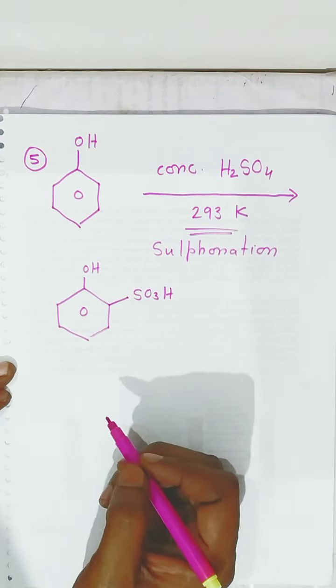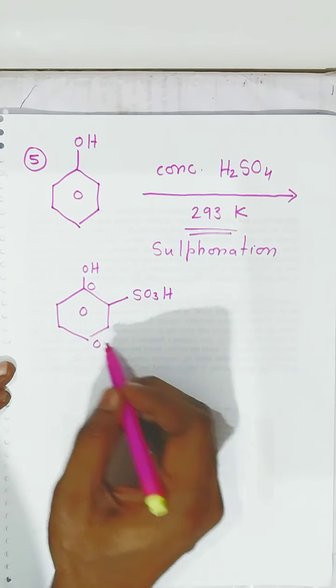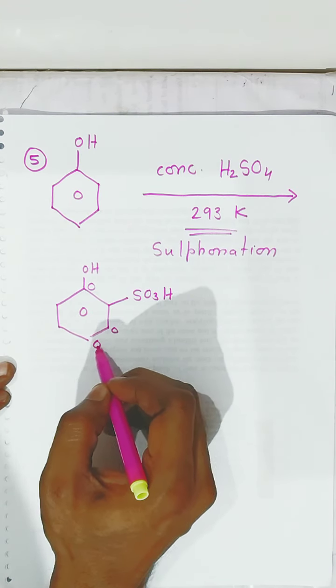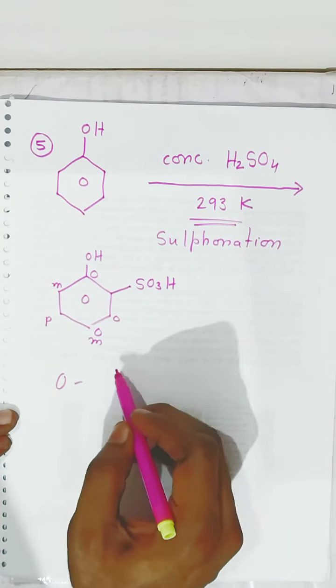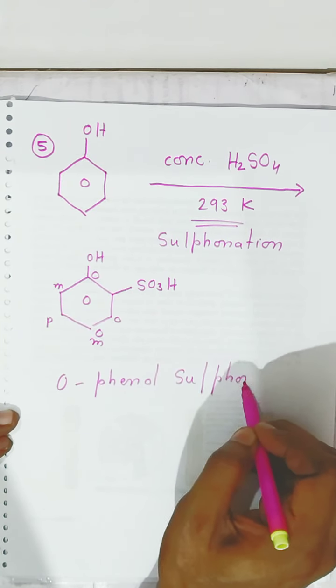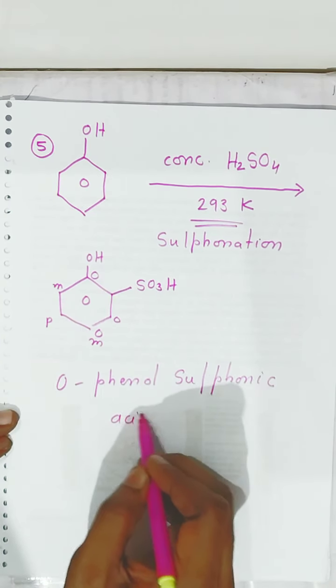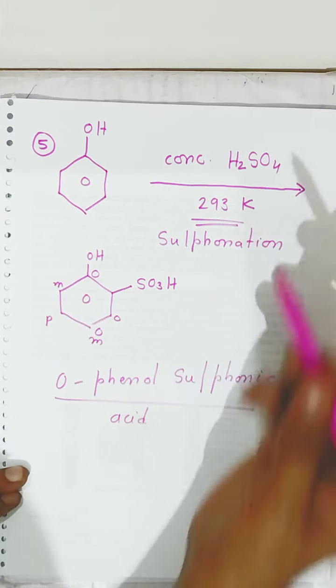This is the sulfonation reaction, students. We have to start counting from here. This is the ortho position, this is ortho, this is the meta position, and this is the para position. So the name will be orthophenol sulfonic acid. This is the sulfonation reaction which is taking place at 293 Kelvin.